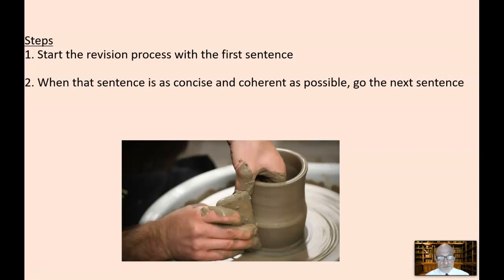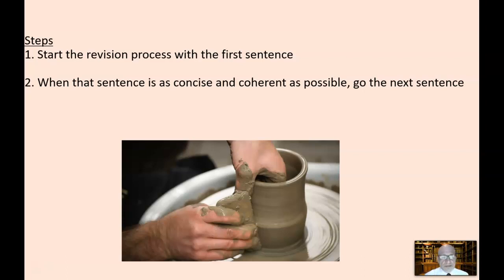Take out any words that do not absolutely need to be there. And again, when you're looking at each sentence, take out words that do not absolutely have to be there. When that sentence is as concise as possible and coherent, then go to the next sentence, and then the next, and then the next. So you're focusing just on each sentence, one sentence at a time.